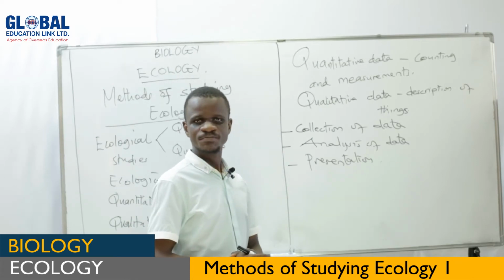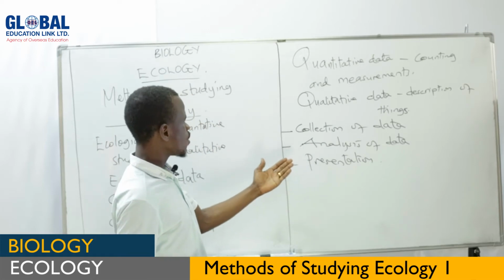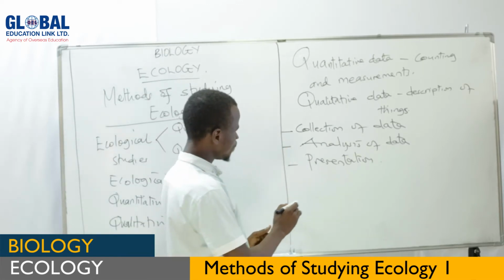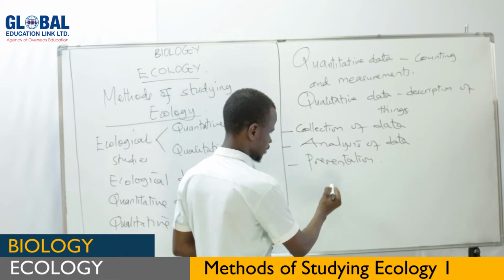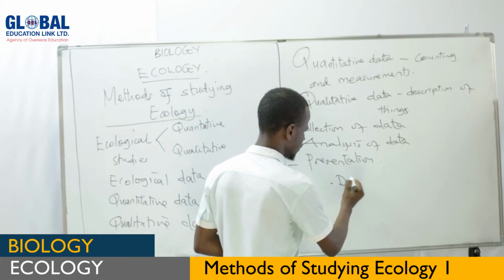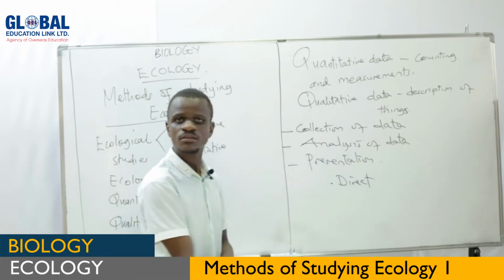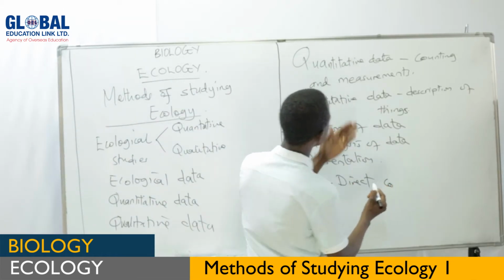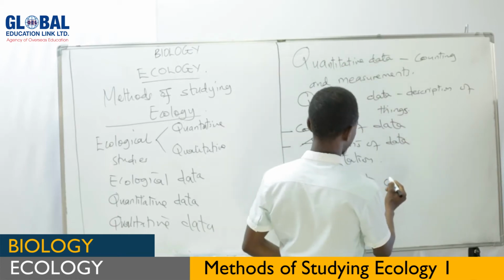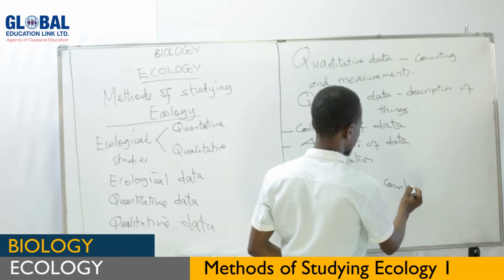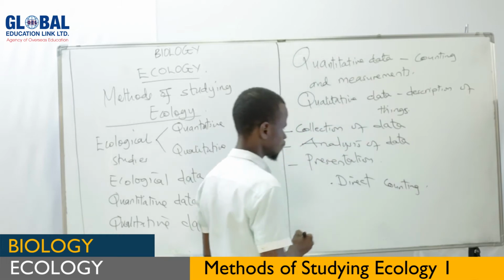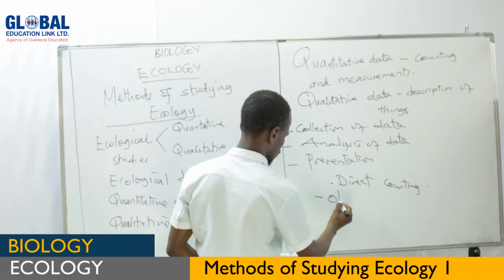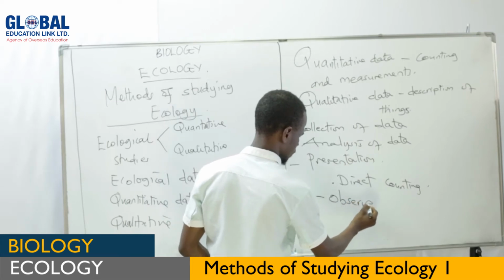My students, how are data collected? Data may be collected directly. Therefore, there is a direct method of collecting data, maybe direct counting, if we are dealing with quantitative data. Here you will observe, and so you count.